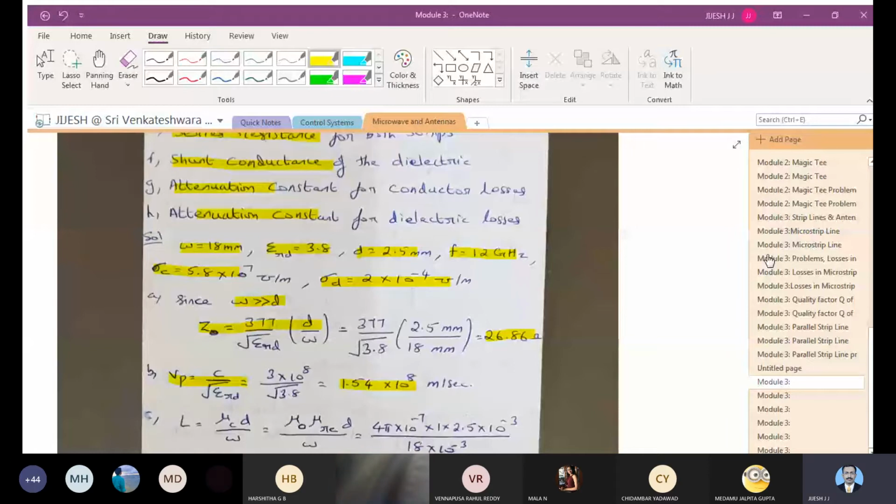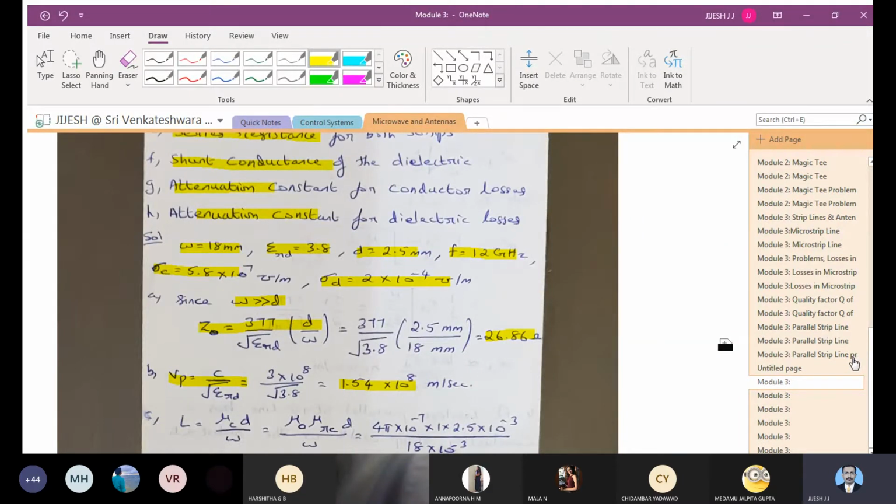So what is the answer for that? 1.95 into 10 power minus 7, sir. Okay. Yeah, that's correct. And we will go with the next one.